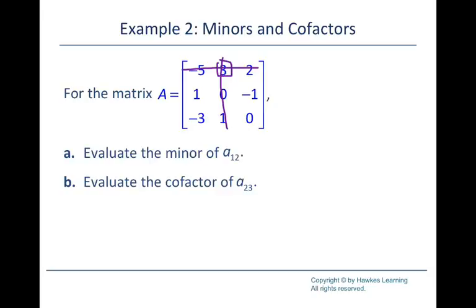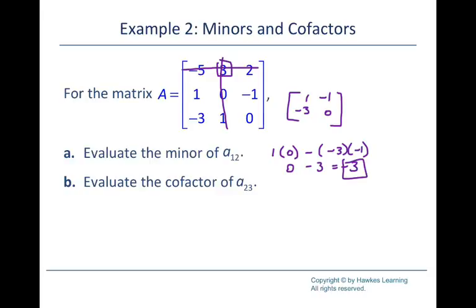And so the minor is going to be 1, negative 1, negative 3, and 0. That's going to be the minor of A12. And so then the determinant of that would be 1 times 0 minus negative 3 times negative 1, which is 0 minus 3, or negative 3. Okay, so that would be the value of that minor.